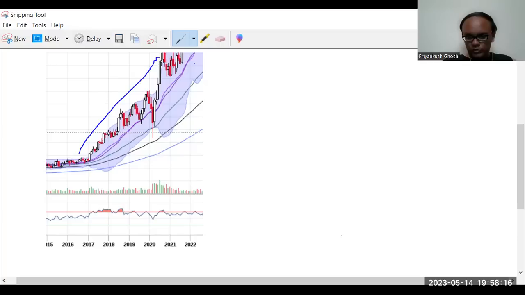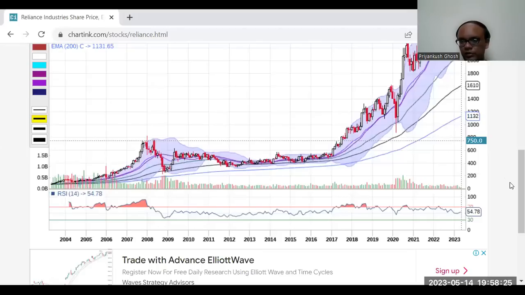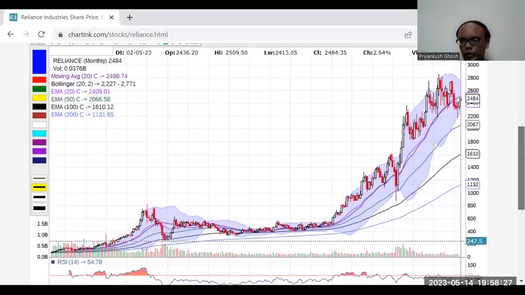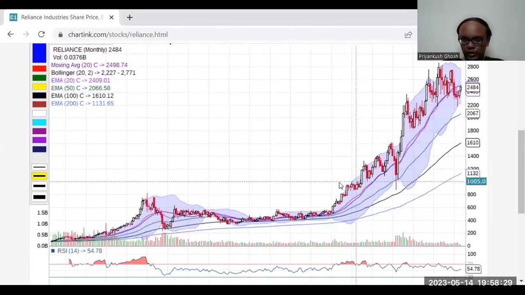Just see. And now if we go back to charting, we will exactly know the price also. So today the Reliance price that we see is at 2484 rupees. And ये जो break किया था यहाँ पे था 600 rupees.